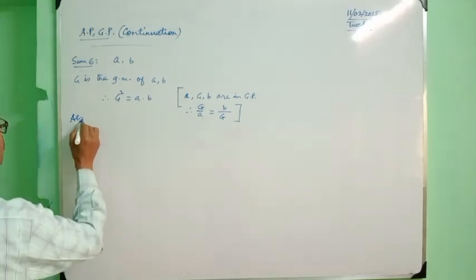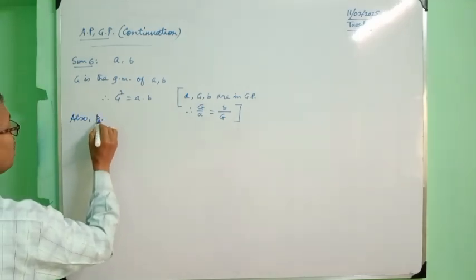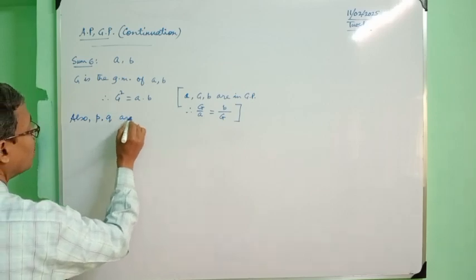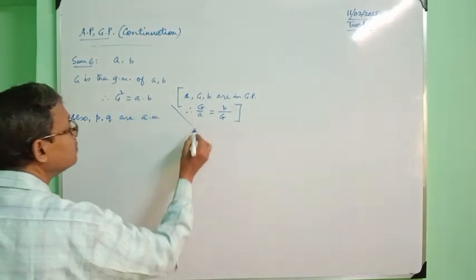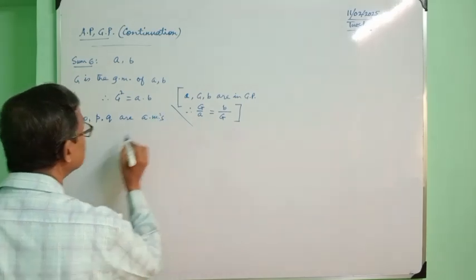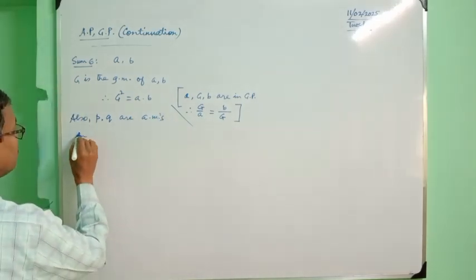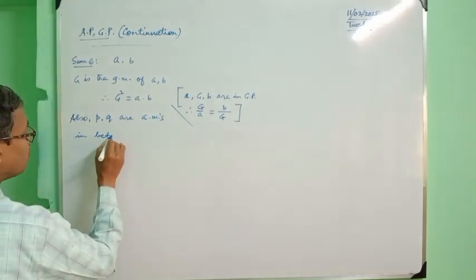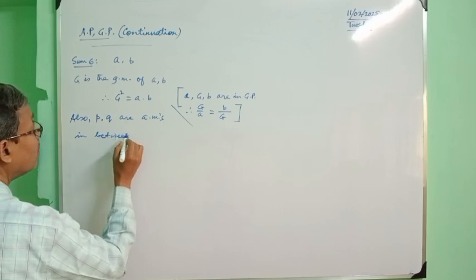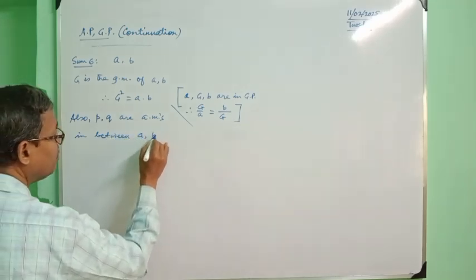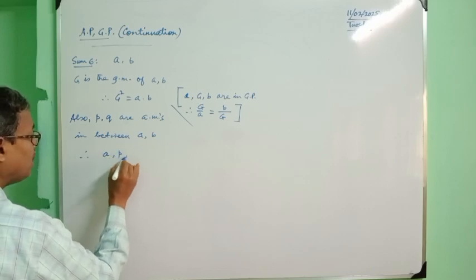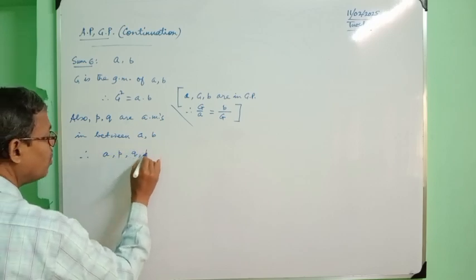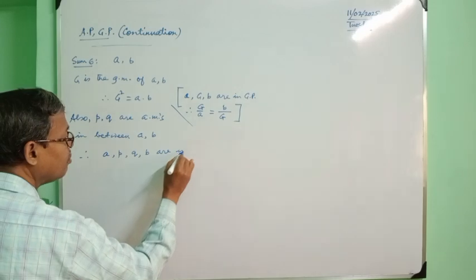Also, P, Q are AMs in between A, B. Therefore, A, P, Q, B are in AP.